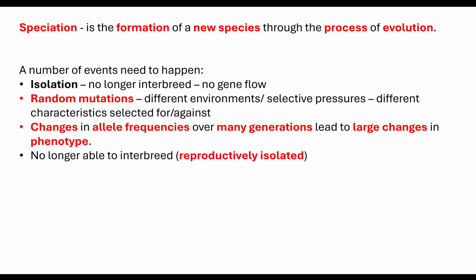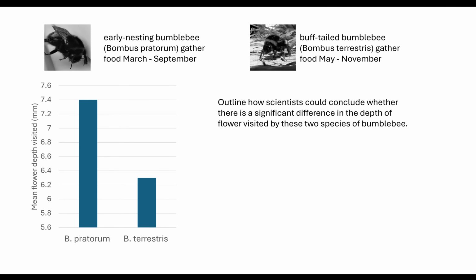speciation occurring. So if they're going to give you a question, it's not going to be as simple as, is this geographical or is this reproductive isolation? That could be a one marker, but what they're more likely going to do is give you an example.